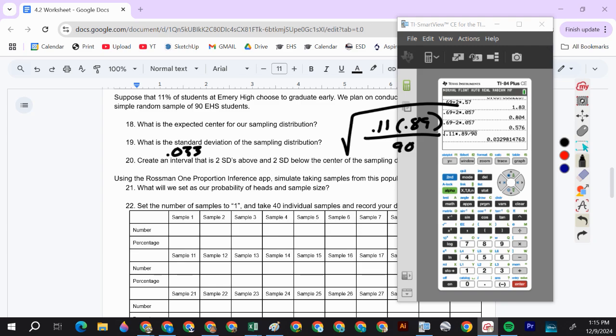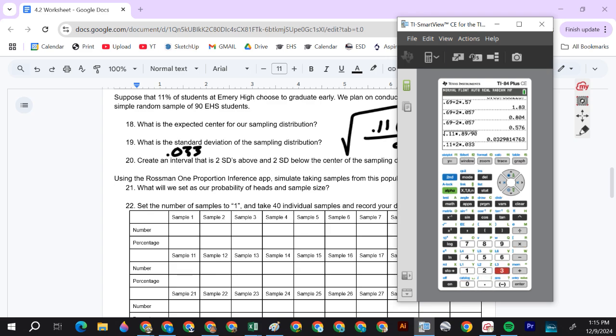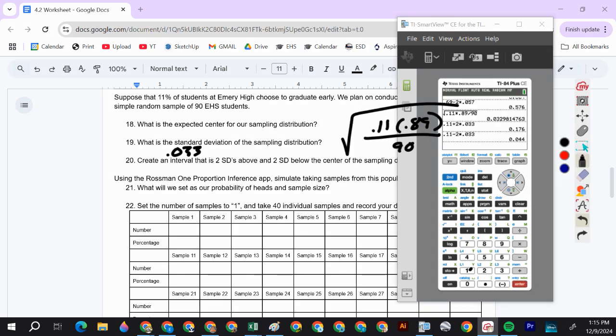So create an interval that is 2 SDs above and 2 SDs below the sampling distribution. So 0.11 plus 2 times 0.033, and then the same thing with the subtraction. And that is going to give me everything from 4.4% to 17.6%.